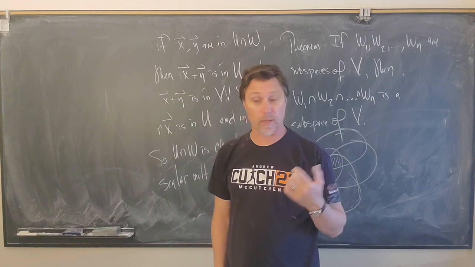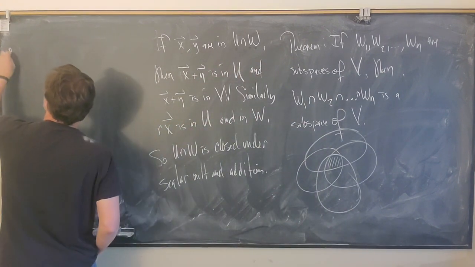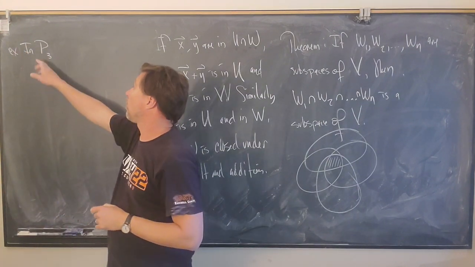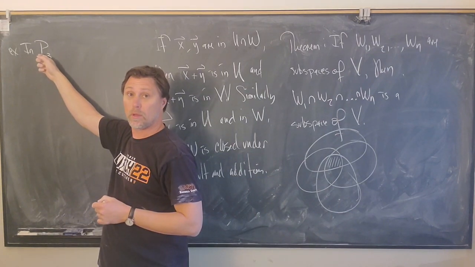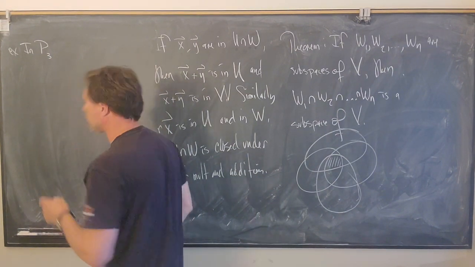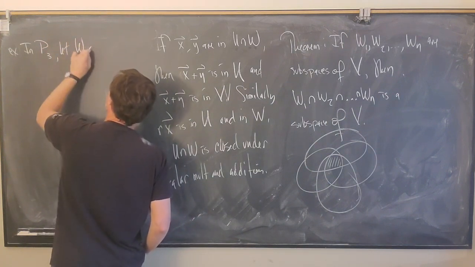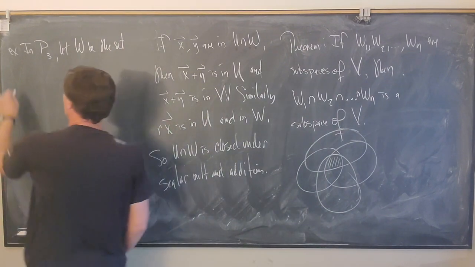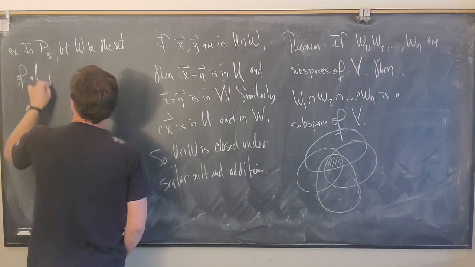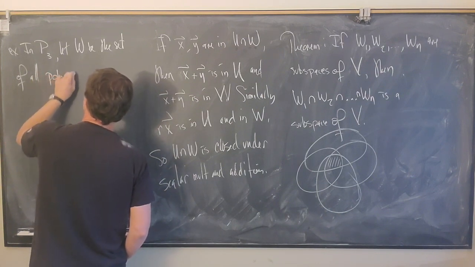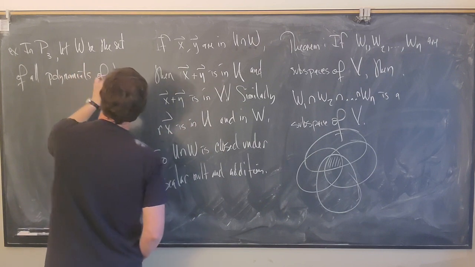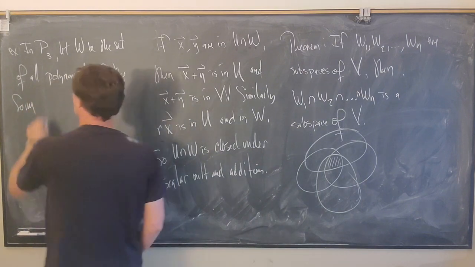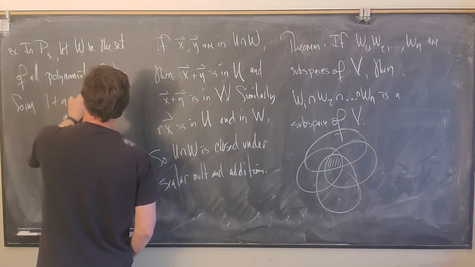So let's look at some more examples now. The next one, in P sub 3, so remember this is the vector space consisting of all polynomials of degree less than or equal to 3. So in P sub 3, let W be the set of all polynomials of the form 1 plus ax plus bx squared.